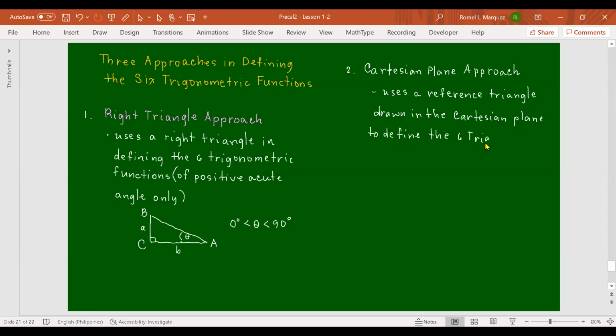But this time, not limited to positive acute angles. The trigonometric functions are defined for any angle, meaning general angle.